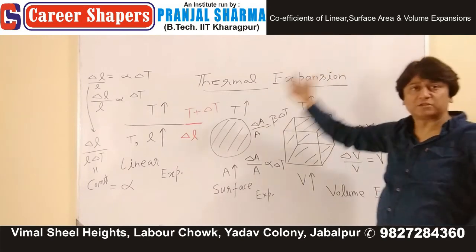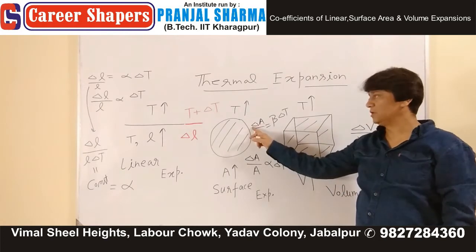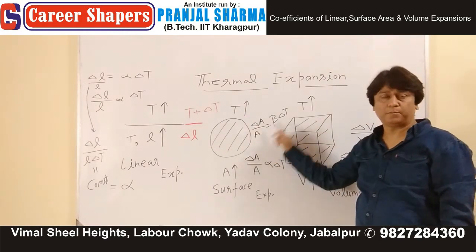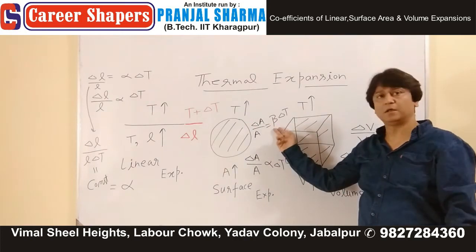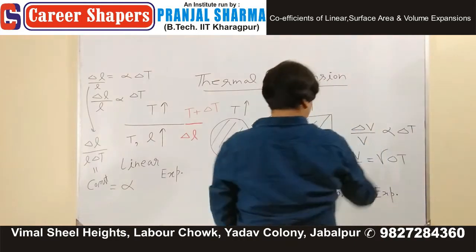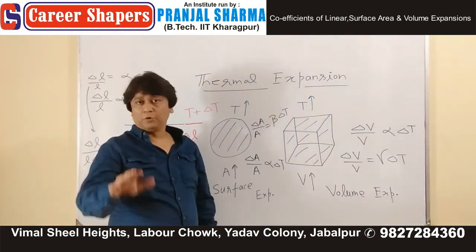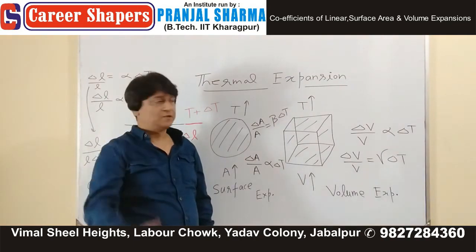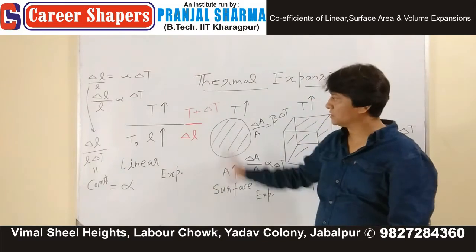Now you can write the same thing with surface and the volume. Change in area divided by area per unit change in temperature is a constant, which is beta, the coefficient of surface expansion, and gamma is the coefficient of volume expansion. So you can do that if somebody is interested, or I hope you are comfortable with this part itself.